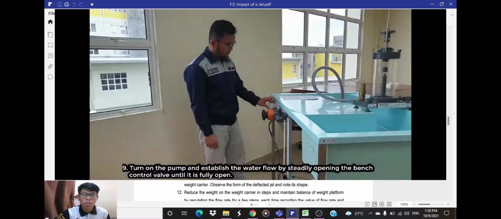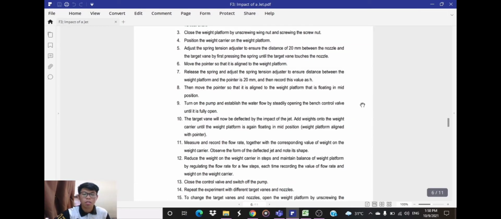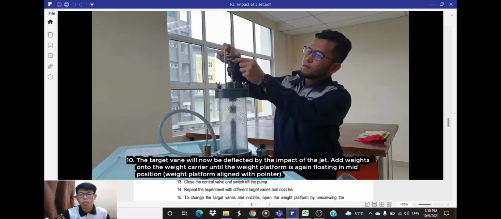Step 9, turn on the pump and establish the water flow by steadily opening the bench control valve until it is fully open. Step 10, the target vane will now be deflected by the impact of the jet, add weights onto the weight carrier until the weight platform is again floating in mid position.